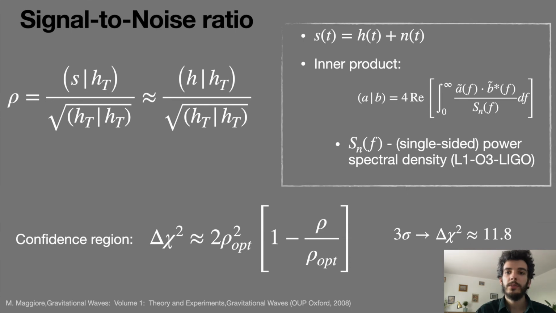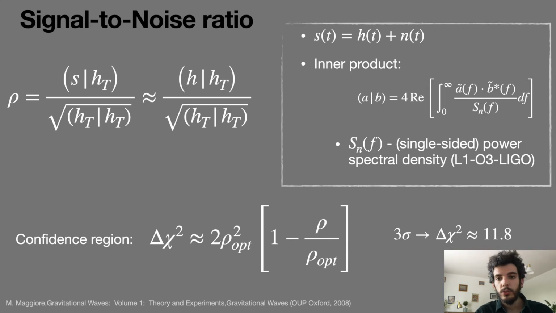Because of this, the signal-to-noise ratio is calculated comparing the signal with a template, as shown here, where we have s, that is the signal composed by the actual waveform and the noise, as we saw in the plot before. And then we also have capital S here, that is the sensitivity of the detector.